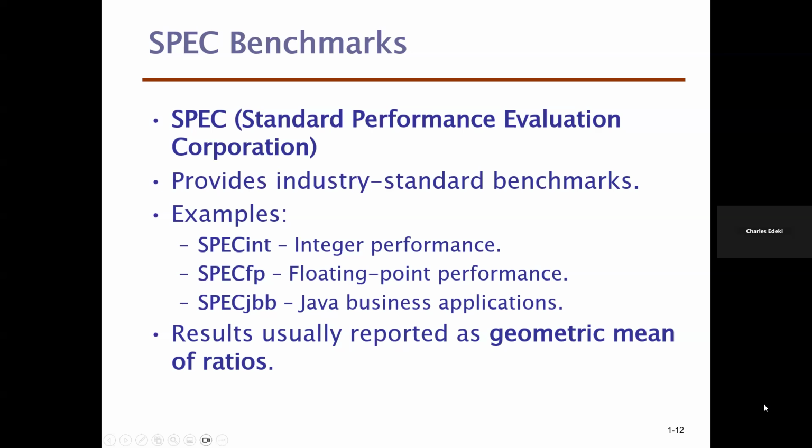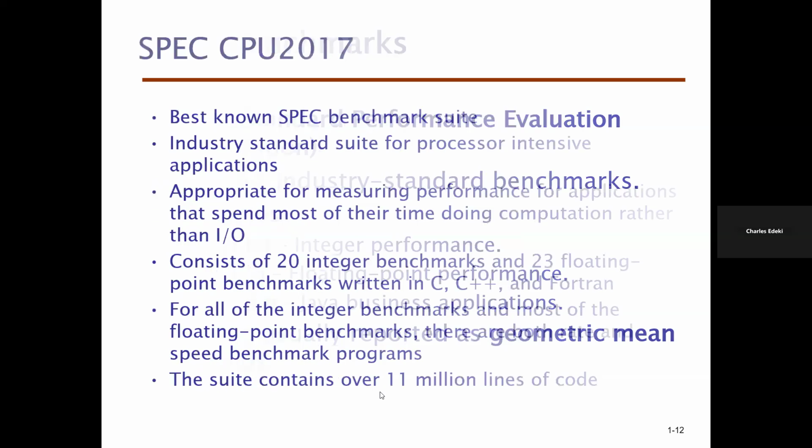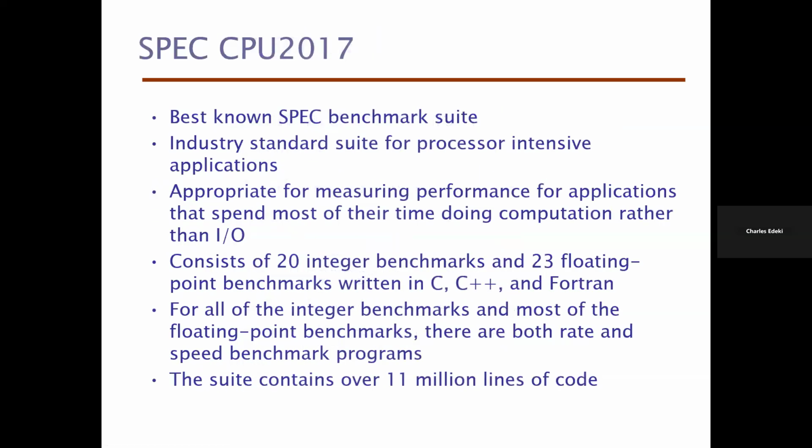Okay, so if no question. So the example given expects integer, we have floating point, then we have Java Business Application, JBB. And also it provides an industry standard benchmark. So we have the CPU 2017.